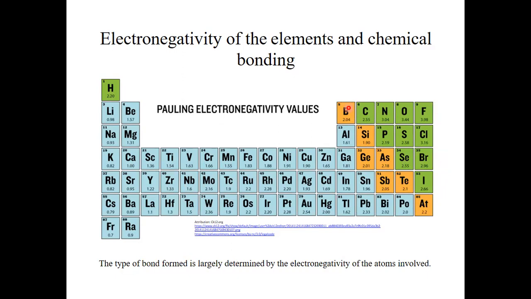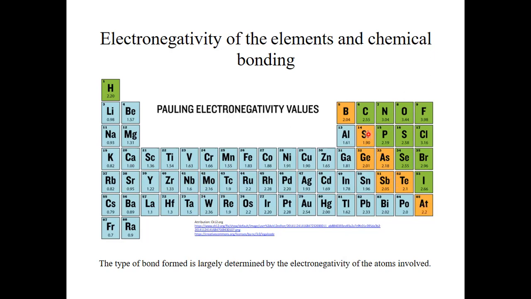Now let's look at the electronegativity values of the respective atoms. We see that for the metalloids, the electronegativities tend to be all around 2: 2.04, 1.9, 2.01, 2.18, 2.05, 2.1, 2.2.